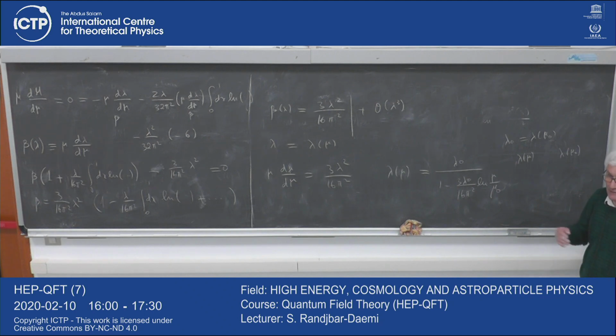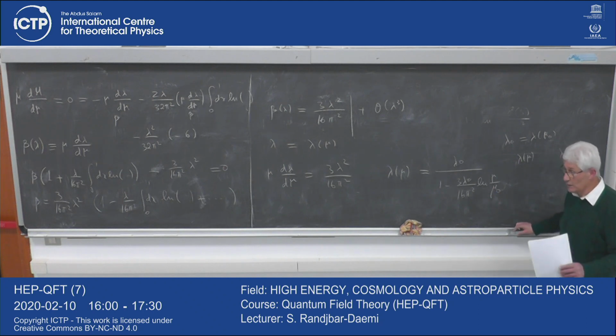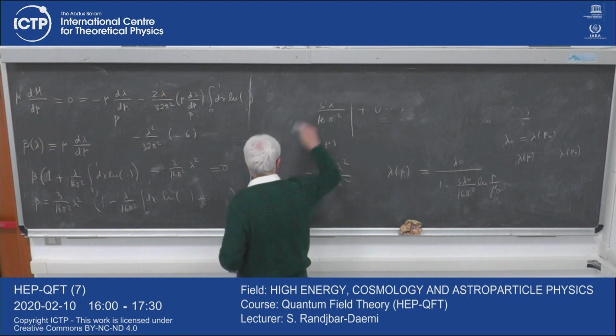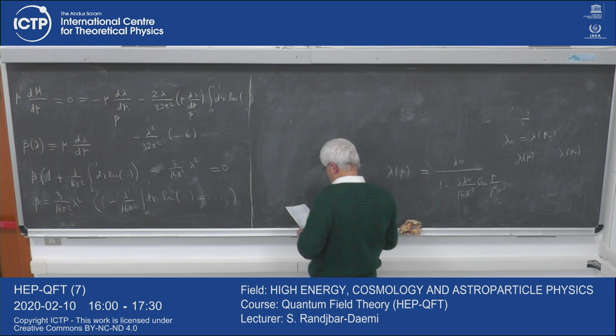There will be plenty of other ways of seeing the same phenomenon. Just one last word and finishing for today. The same result can be calculated for QED, and we will do that.